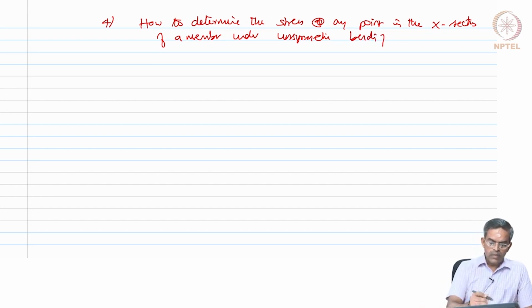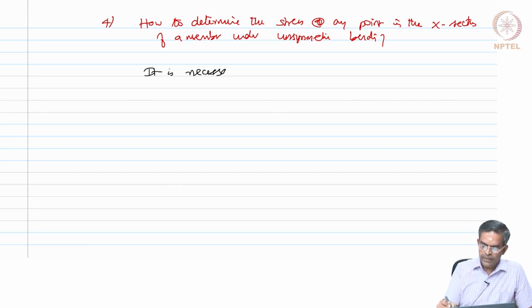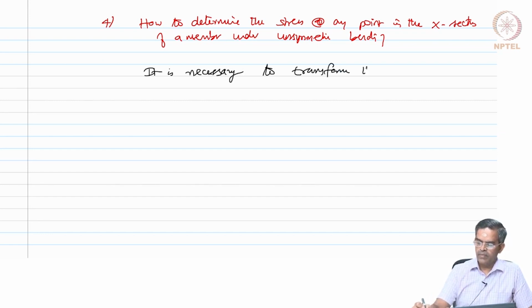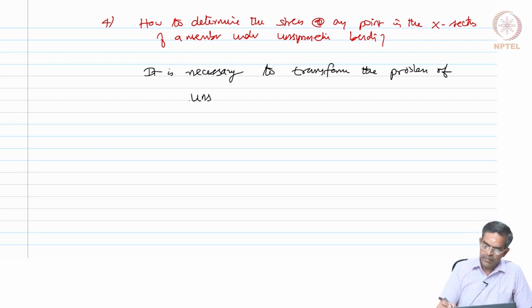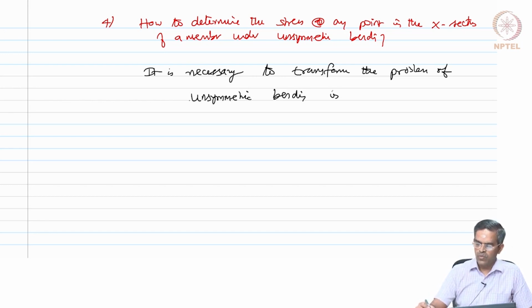Okay. To do that, it is necessary to transform the problem of unsymmetric bending into uniplanar bending.